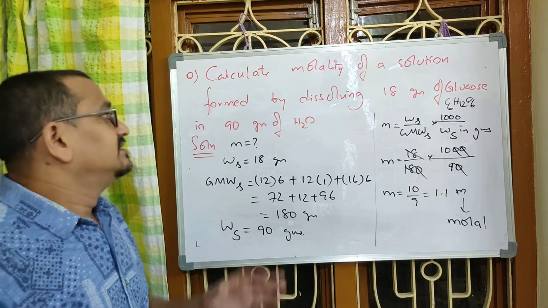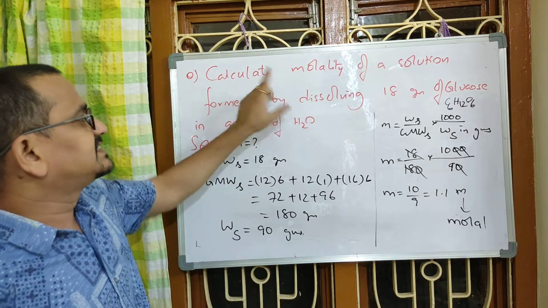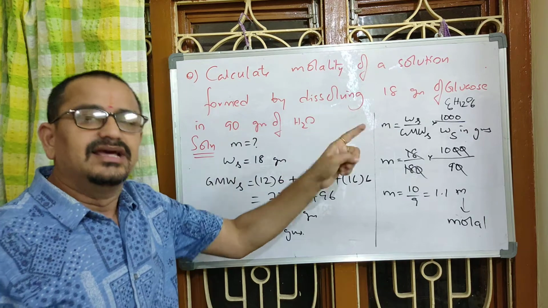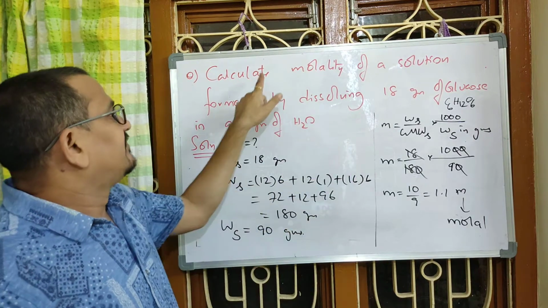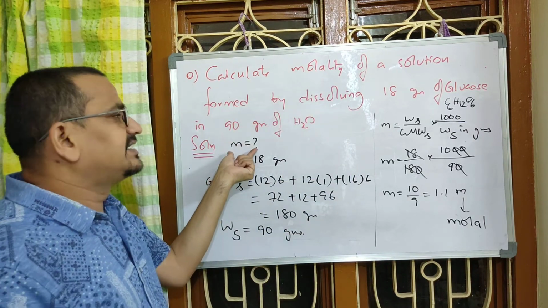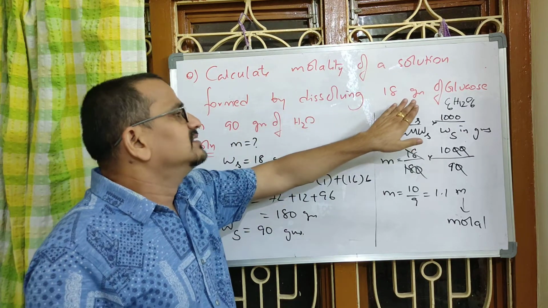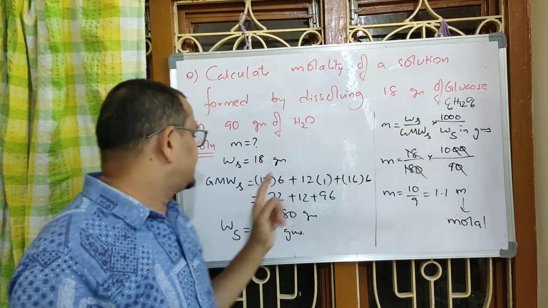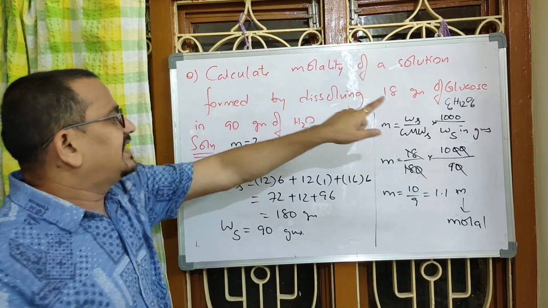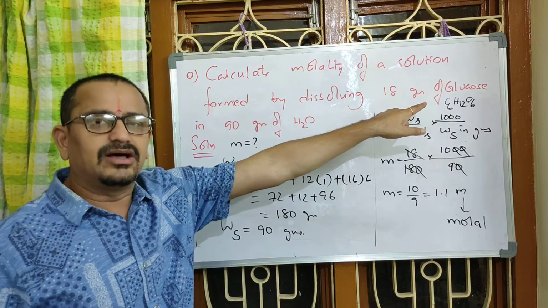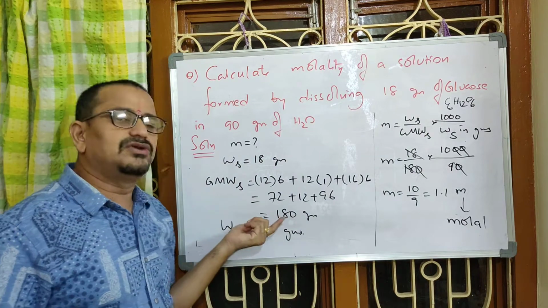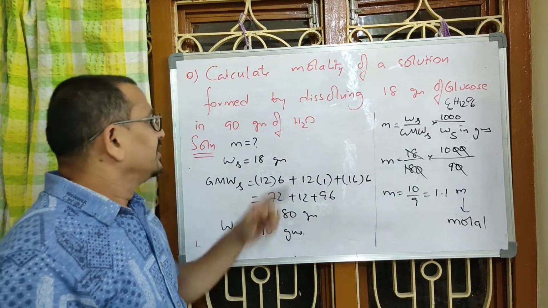See, once again, whenever a numerical is given like this, read the question properly and slowly. Find the molality. So, molality is asked to find. Of a solution formed by dissolving so many grams of glucose. So, weight of solute is given. And as the solute formula is announced, the gram molecular weight of the solute we can obviously find out, right?